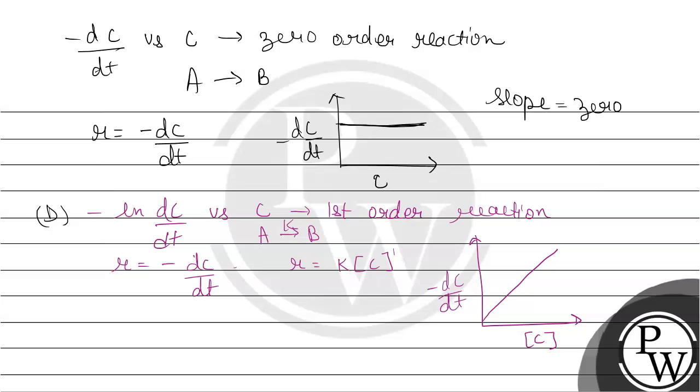So this will be the graph. और अगर हम यहाँ पे ln ले लेते हैं तो natural log लेंगे तो graph same ही रहेगा. And in this graph we can see जो हमारे पास slope है that will be 1. Slope will be 1. So D match to the Q, unity.